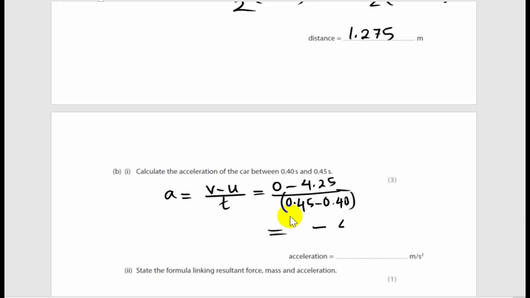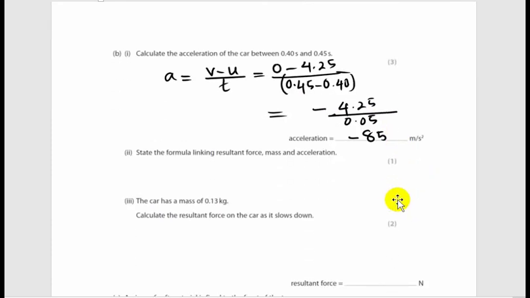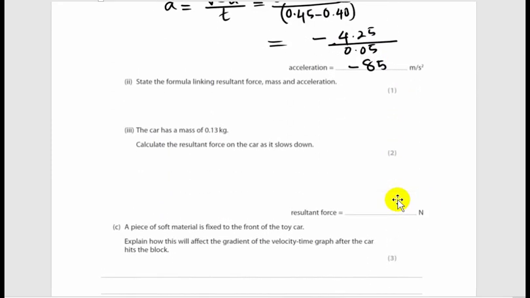So minus 4.25 divided by 0.05, so 85 meter per second square acceleration, but it is deceleration. That's why the value is negative.